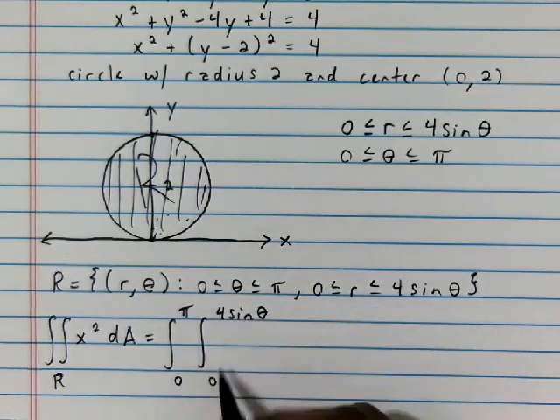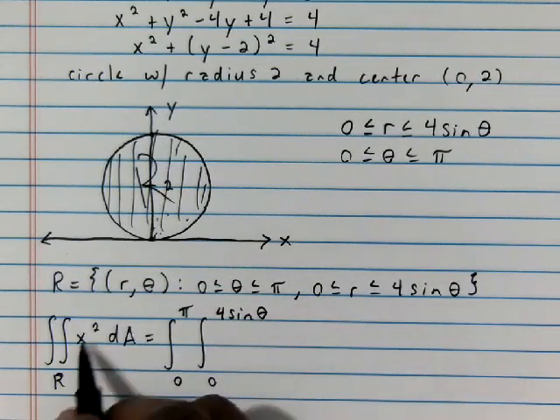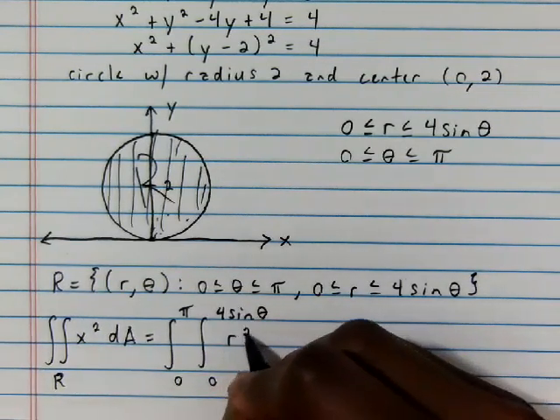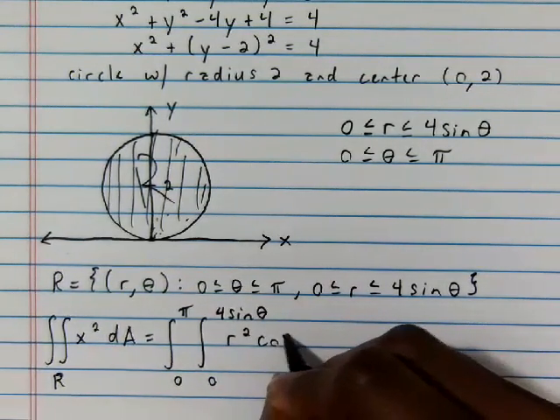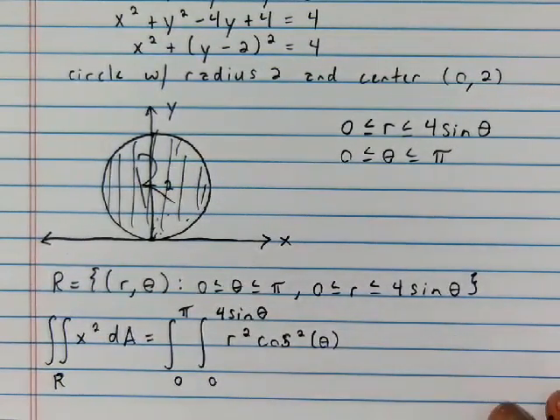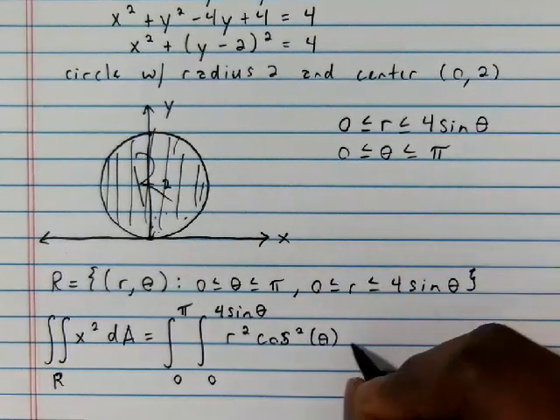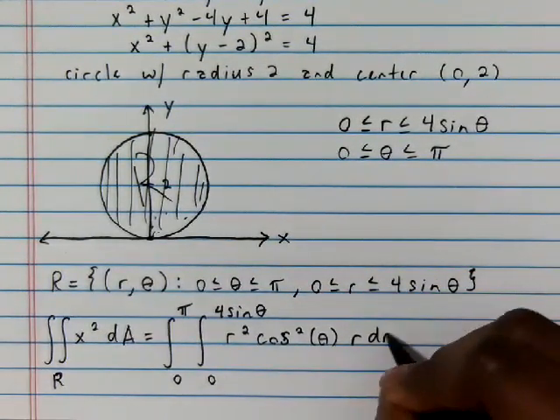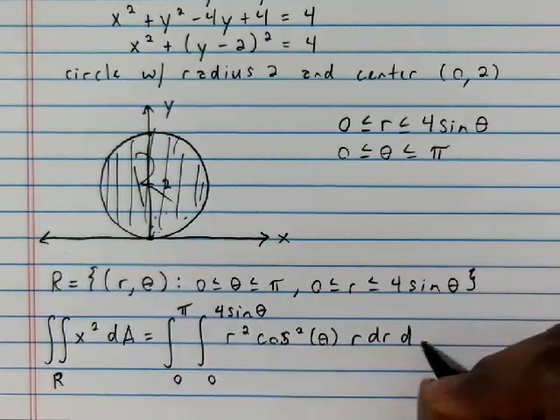Remember, your functions always have to go on the inside. Now x squared, but x in polar coordinates is r cosine theta, so it's really going to be r squared cosine squared of theta. And then don't forget about your r, and then these are r, so dr, and these are thetas, d theta.